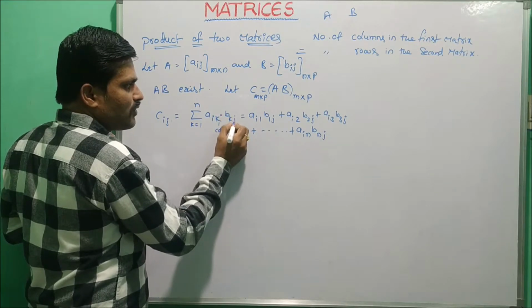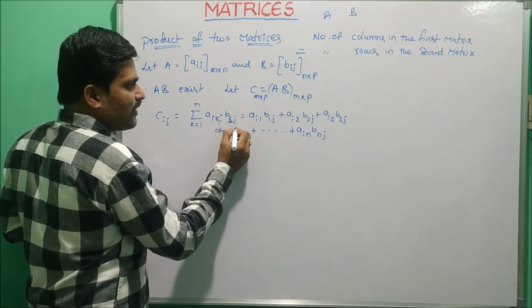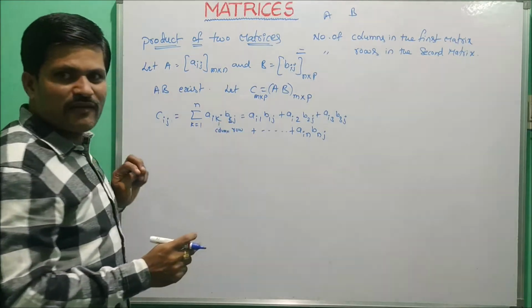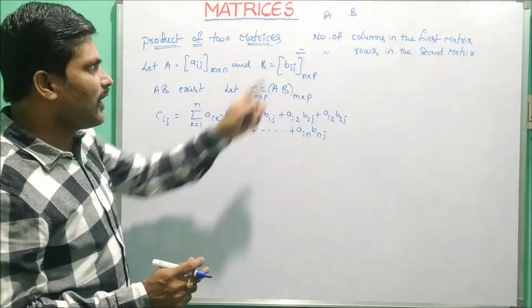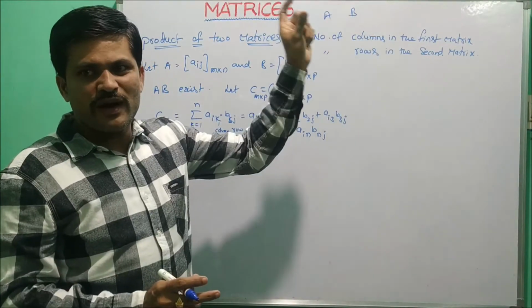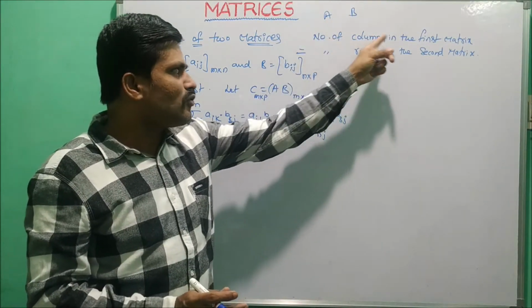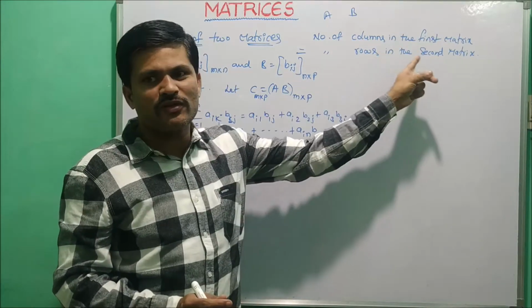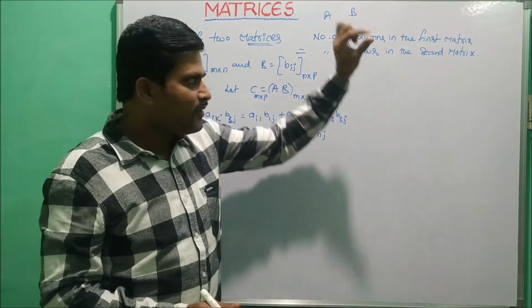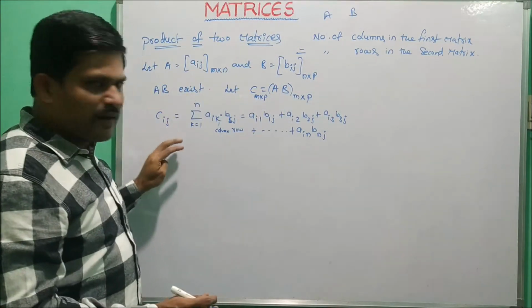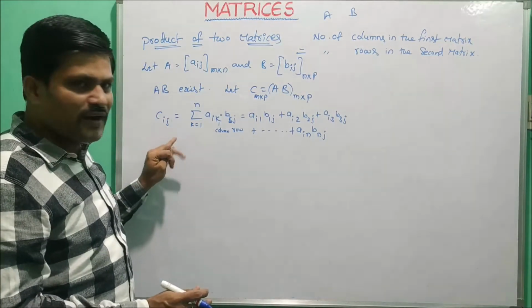In Bkj, k denotes the row. So the two k's must be equal. Multiplication will exist if the number of columns in the first matrix equals the number of rows in the second matrix.